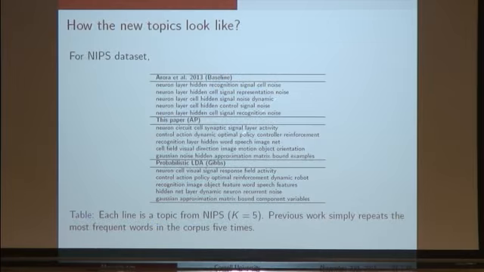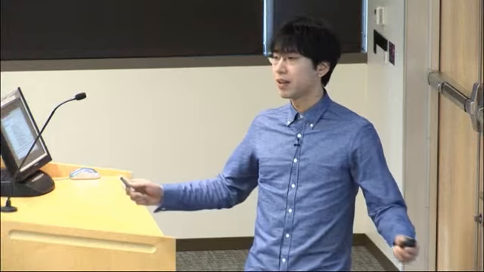Everything looks like neuron, layer, hidden, and basically each topic agrees with the unigram distribution of the corpus. In general, in the world of topic modeling, if the topic inference does not work well, the topic simply mimics the unigram distribution. That's typical behavior.